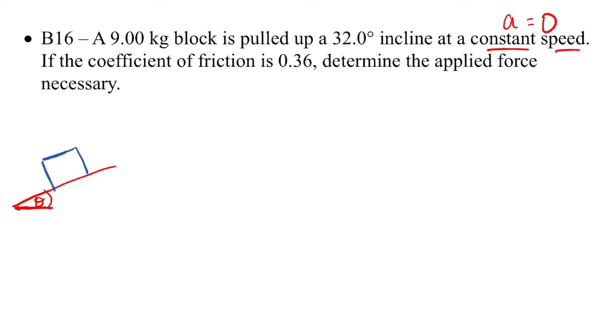So applied force up the incline because it's being pulled up the incline at a constant speed. Coefficient of friction, which means we have friction. Friction always opposes the motion. So since it's being pulled up the incline, I'm guessing friction is going opposite that, so it's going down the incline. Okay. We want to determine the applied force necessary to pull this up at a constant speed.